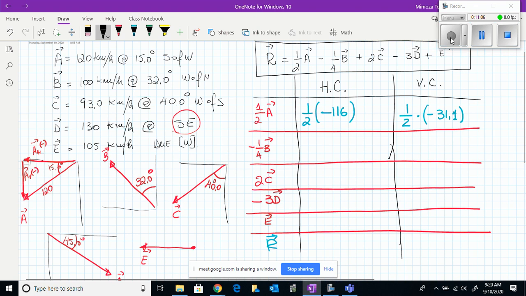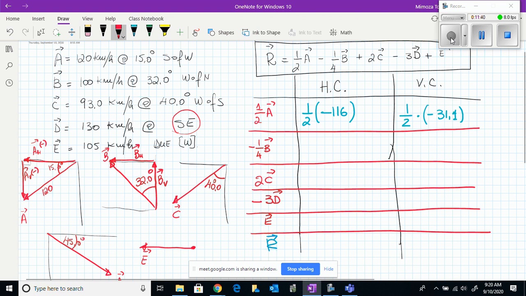Again, we will go to the tip of the vector, and then we will create the right angle triangle that includes the given angle. This is creating the sides of the right angle triangle, and whatever side is going in the vertical axis is the vertical component, and whatever side of the right angle triangle is going in the horizontal is the horizontal component.